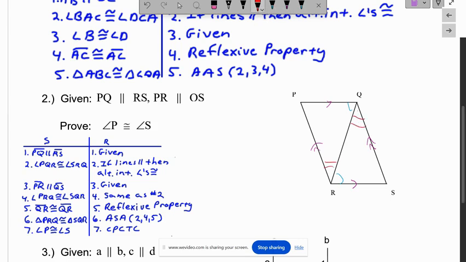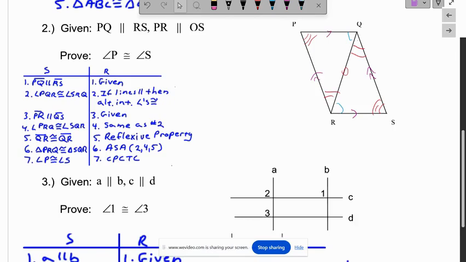There we go. Those are also alternate interior angles, but they're of the two more vertical lines, so QS and PR. So we get those two, and then just like the last proof, we got a reflexive property. So we got angle side angle here, and then by CPCTC, we get those two congruent, which is what we wanted.